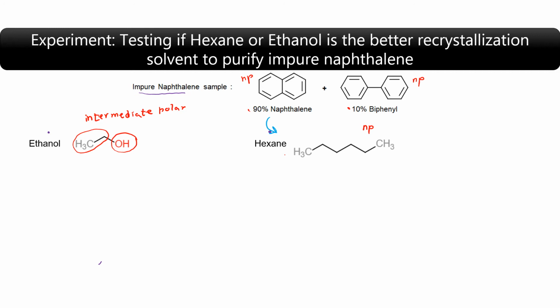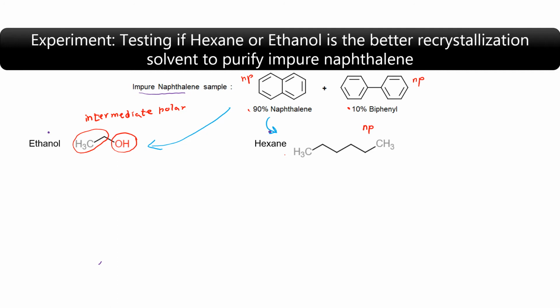For dissolving naphthalene in ethanol, we can see that it might be a little difficult because ethanol has a polar group and we might need to give a little push by supplying some heat to give more energy to force the naphthalene to interact with this ethanol solvent, right?